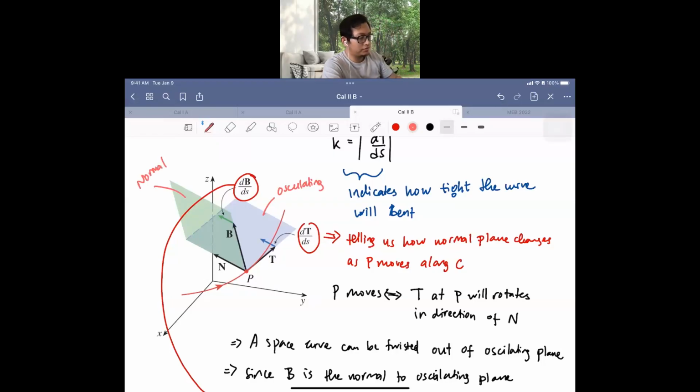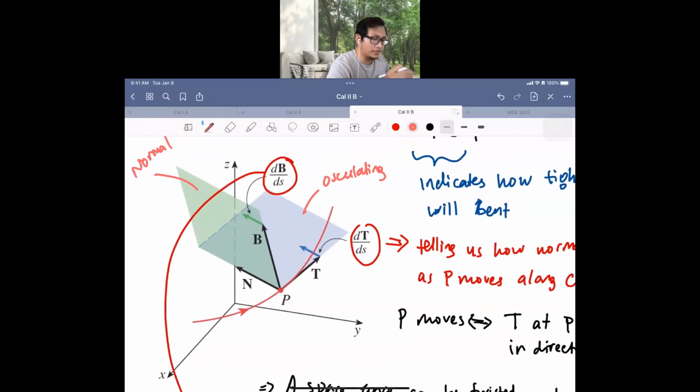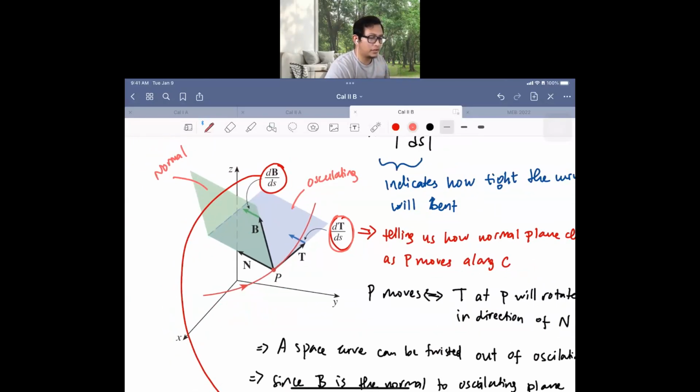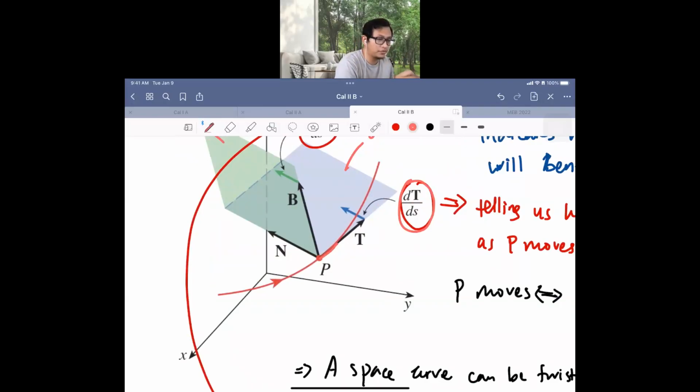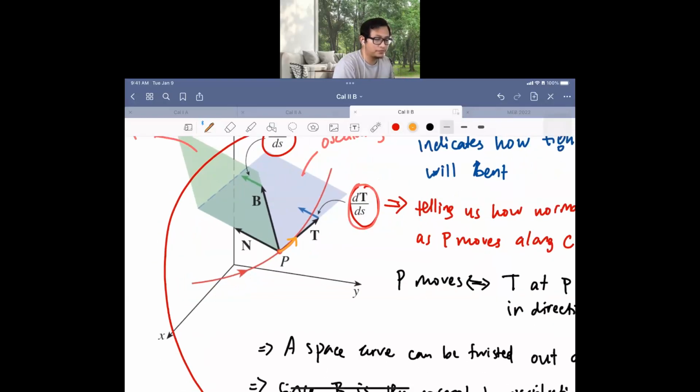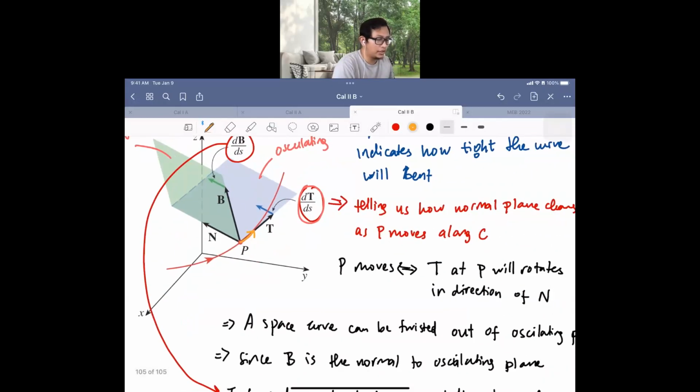And from these two, we can imagine, if we take the derivative with respect to s, this part is telling us how the normal plane changes as the point moves along the curve. So when the point moves along the curve, the tangent will rotate.